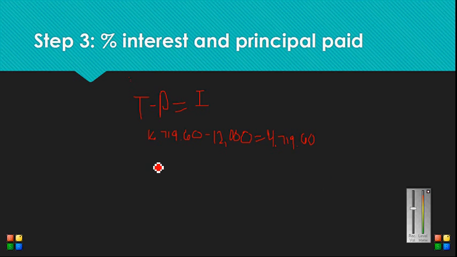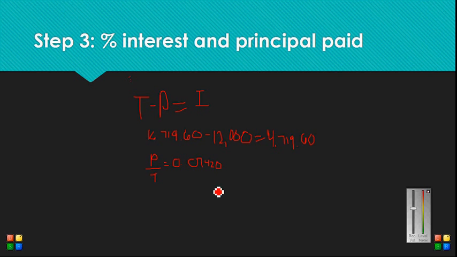Now you have your principal divided by your total, which again is the $12,000 divided by your $16,719.60. That gives you a number of 0.07420.